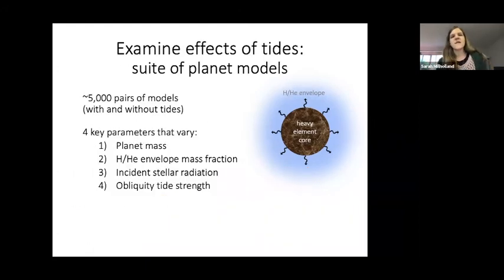To get a sense of how much these obliquity tides affect the radii of these planets, we ran a large suite of planet models, a Monte Carlo over different key parameters such as the planet mass, the amount of mass in the hydrogen and helium envelope, the strength of the incident stellar radiation, and the strength of the tidal heating.